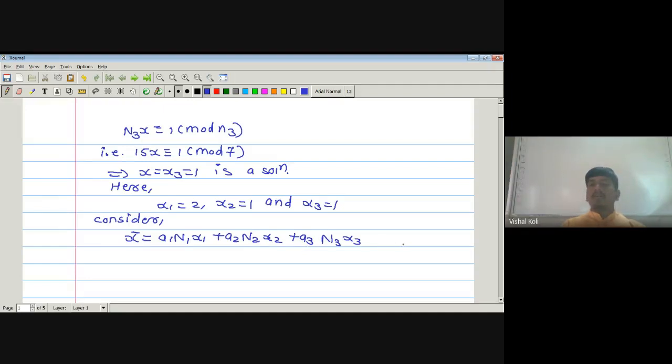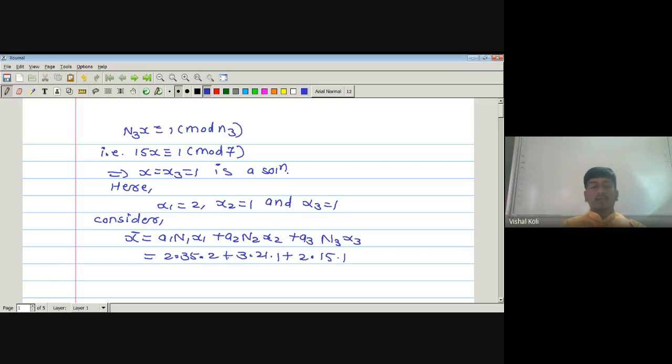Now a1 is 2 into N1 which is 35, into x1 which is 2, plus a2 is 3, N2 is 21 into 1, plus a3 is again 2 into 15 into 1.